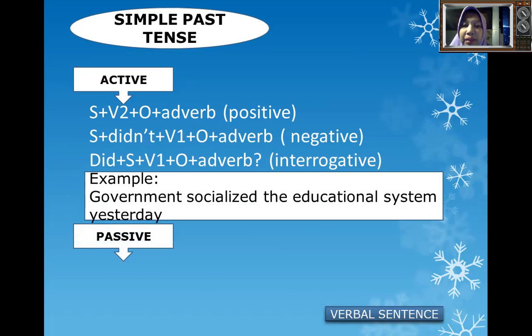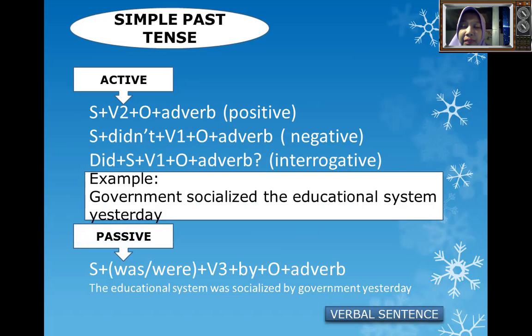I'll tell you about the passive from this sentence, especially for simple past tense. So we change subject to object and vice versa. But the predicate will be changed. So from the sentence, government socialized the educational system yesterday, it will be: the educational system was socialized by government yesterday.